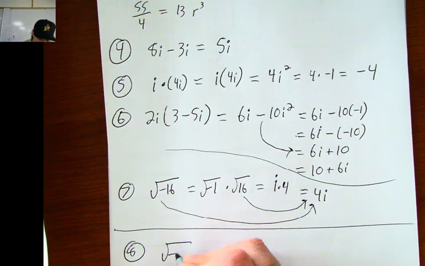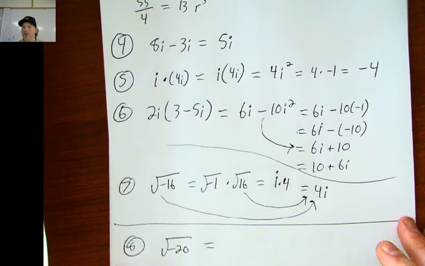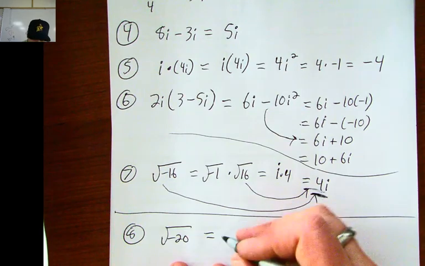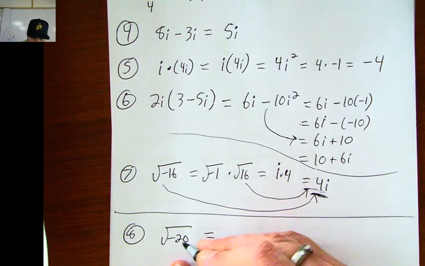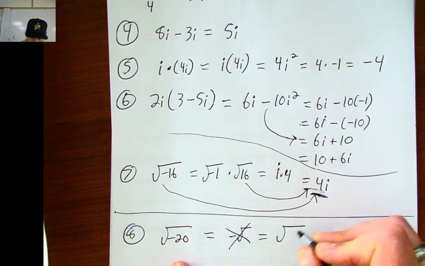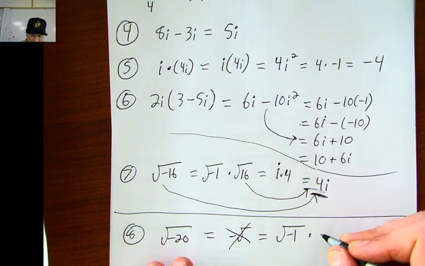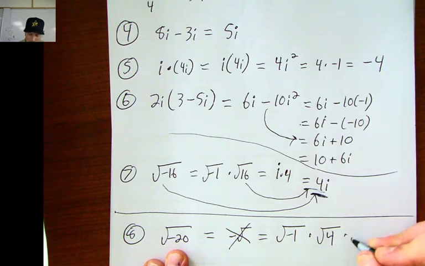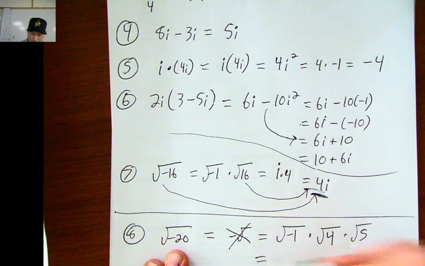Square root of negative 20. Same type of problem, except this one can't be fully simplified, so we can only go halfway. So I break this into parts. Square root of negative 1 times what divides out of 20 that I know the square root of, which is 4. What's left behind is a 5.